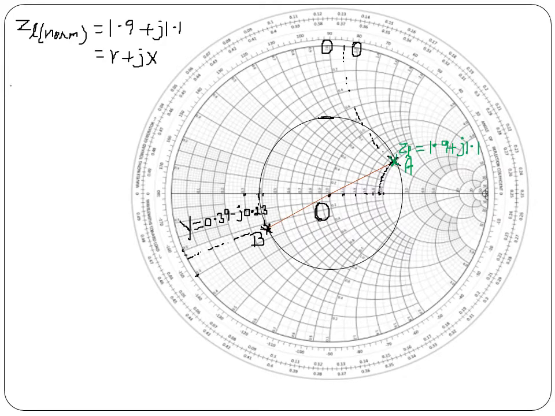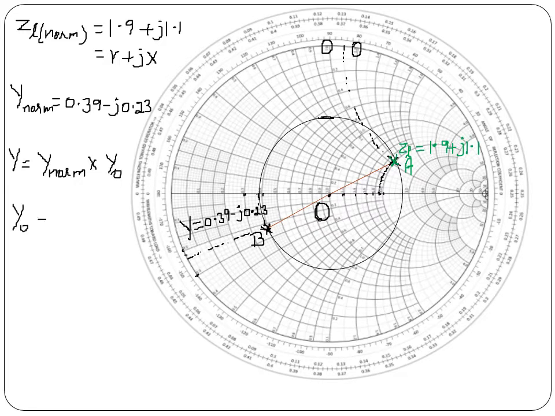So normalized admittance is equal to 0.39 minus j0.23.